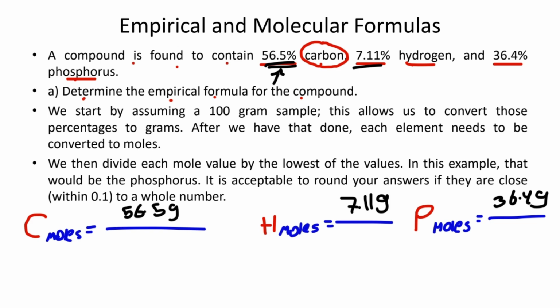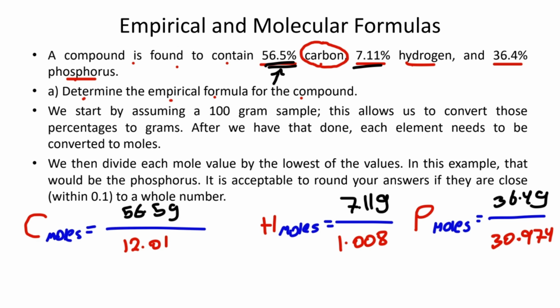Using the periodic table, you will find that the molar mass of the carbon is 12.01, the molar mass of hydrogen is 1.008, and the molar mass of phosphorus is actually equal to 30.974.